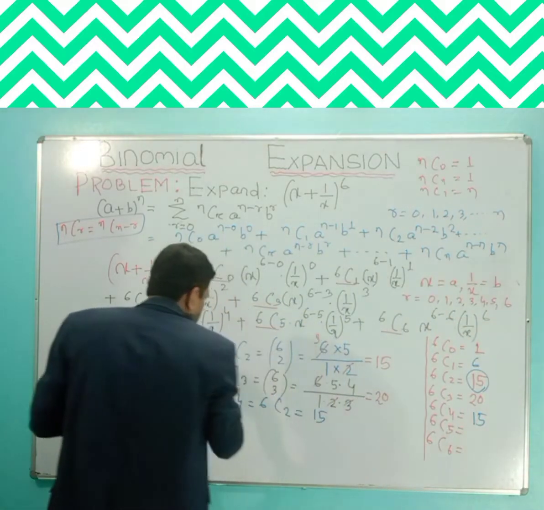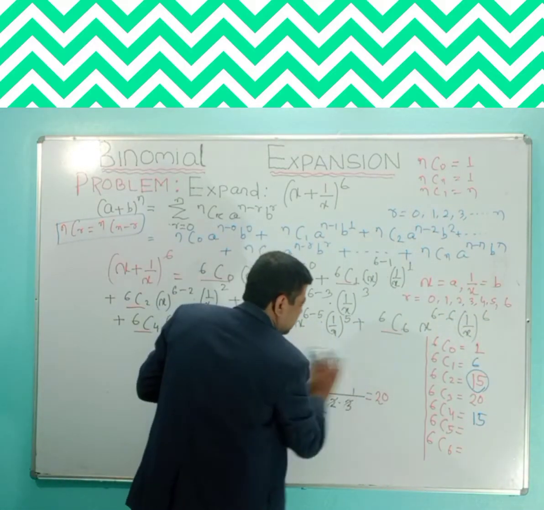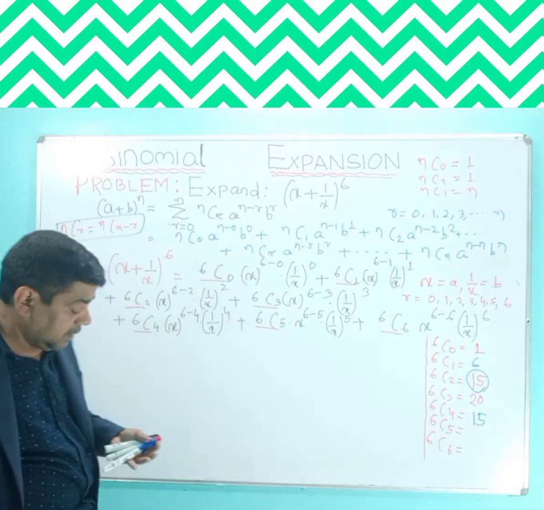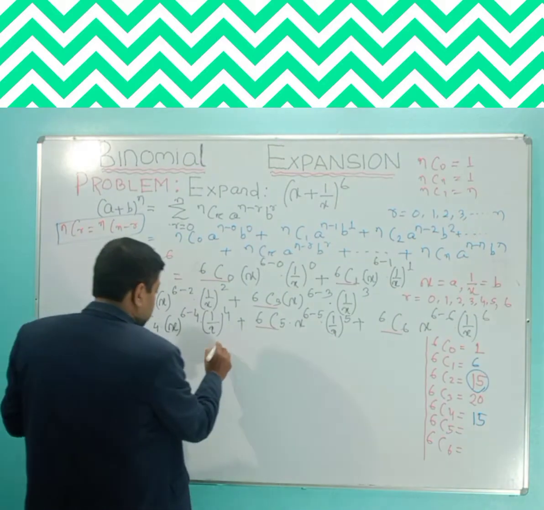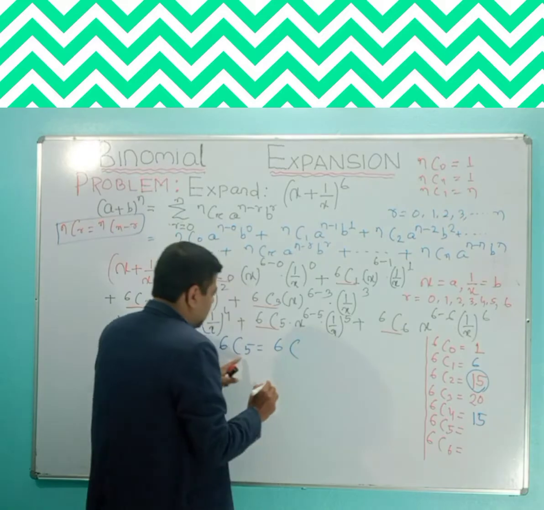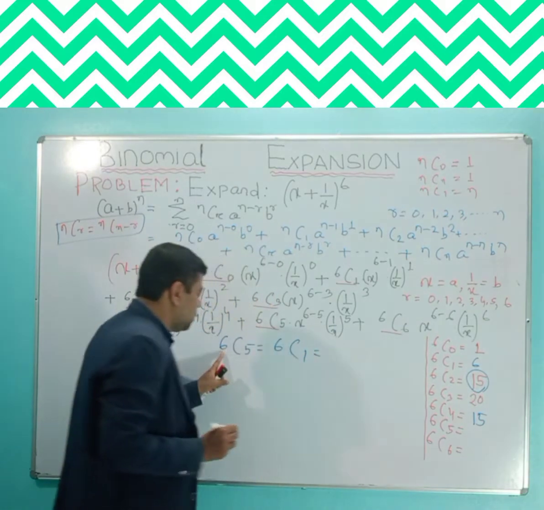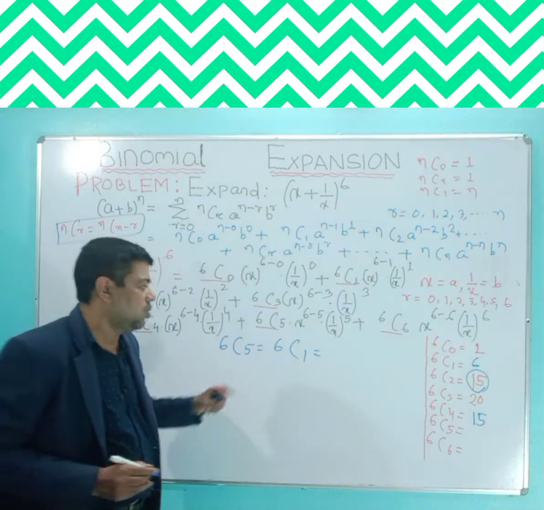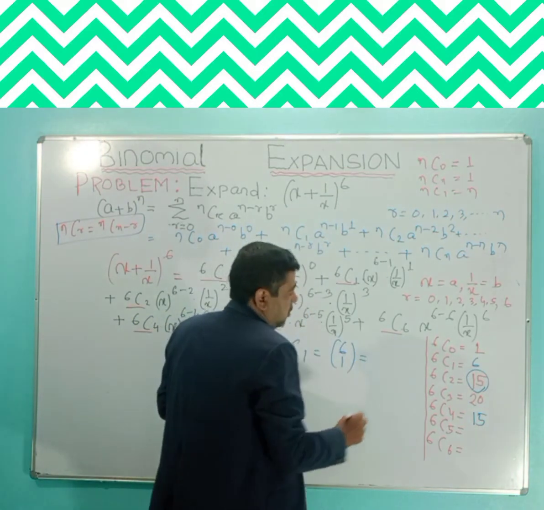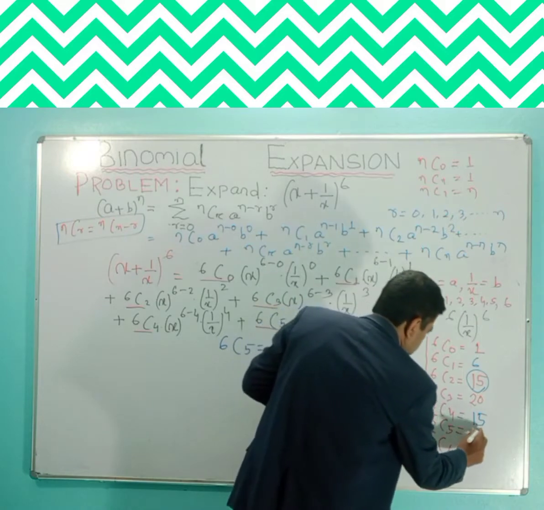Now after 6c4 comes 6c5, which is 6c(6 minus 5), and 6 minus 5 is 1. So the value of 6c5 is equal to 6c1, and 6c1 is 6.